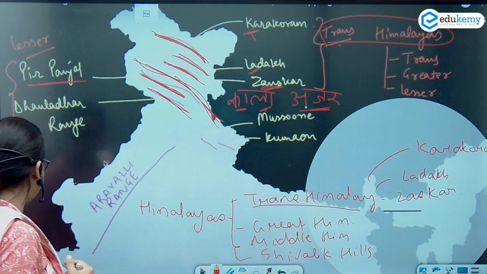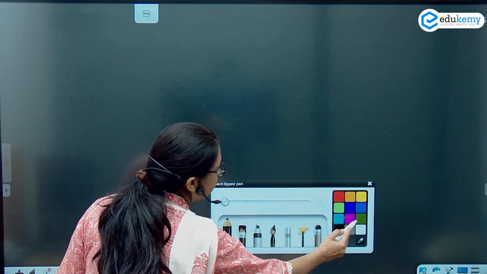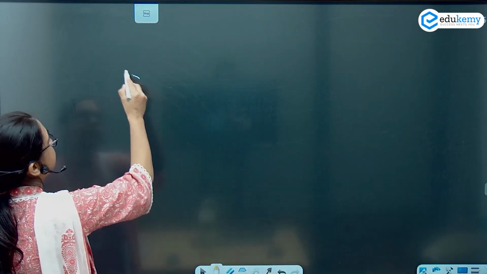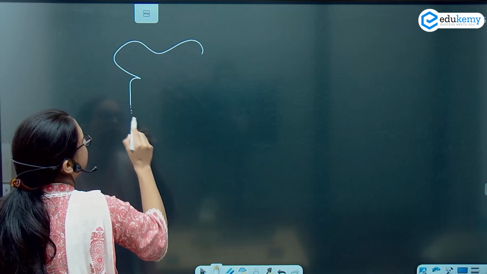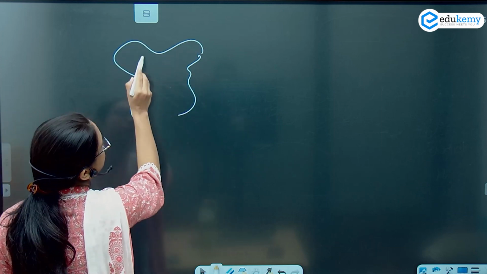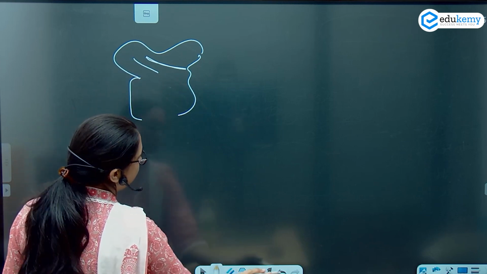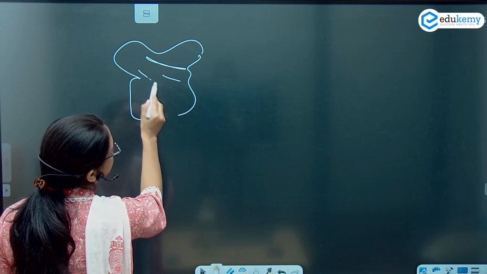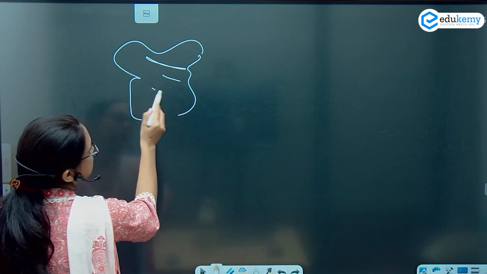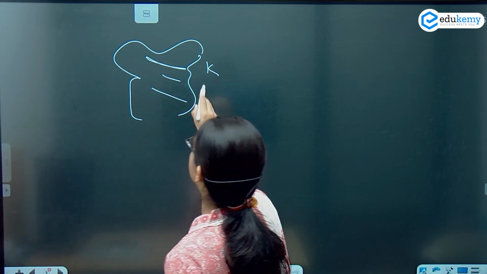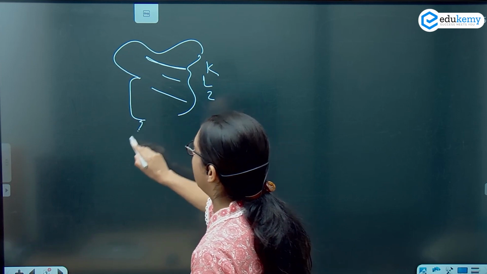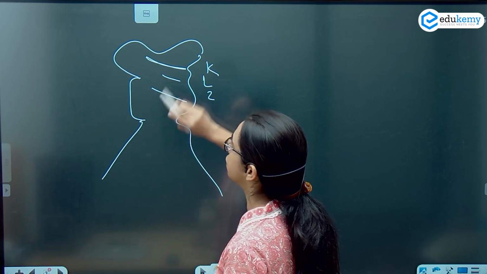If I quickly revise, see what I'm studying. I am studying the Himalayan range. In the Himalayan range, the first is the Karakoram, then you have your Ladakh, then you have your Zaskar. And here the Himalayas have not ended.